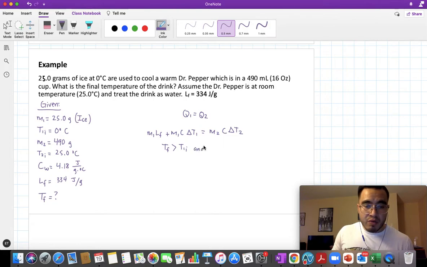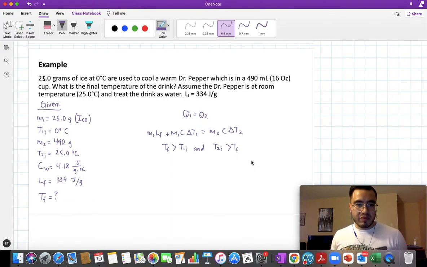And we know that the temperature 2 initial, that is the 25 degrees Celsius, are greater than what the final temperature is expected to be. Of course, because the Dr. Pepper is going to give energy, transfer energy to the ice, and that's why its temperature initial will be higher than the final temperature of the drink, which is the main idea, right? The whole goal, to make this colder.